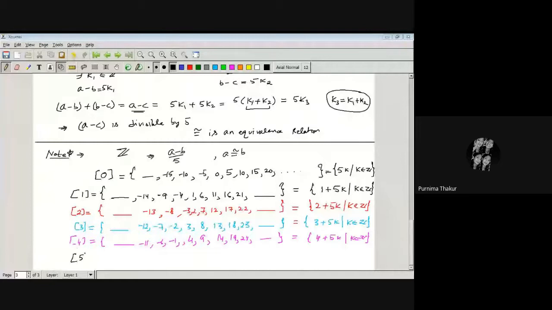Sir, -10, -5, 0, 5, 10, 15, 20, and so on. So it should be like this: 5 plus 5k. Take any integer and you will get the equivalence class of 5.